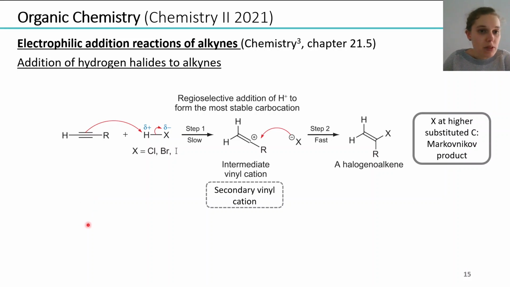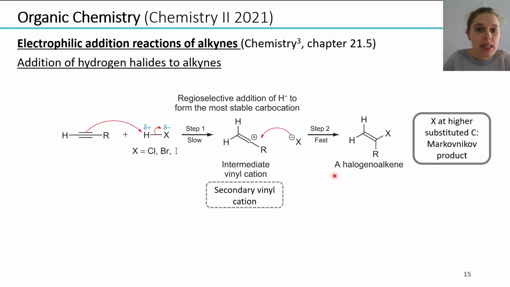If we have a brief look at the reaction mechanism, you already know this. What is different is just that we do not have a carbon-carbon double bond here. Now we have a carbon-carbon triple bond. But all other reaction steps are exactly the same. In the first step, which is the slower one, we produce the intermediate vinyl cation, which is a secondary vinyl cation, because this is more stable.